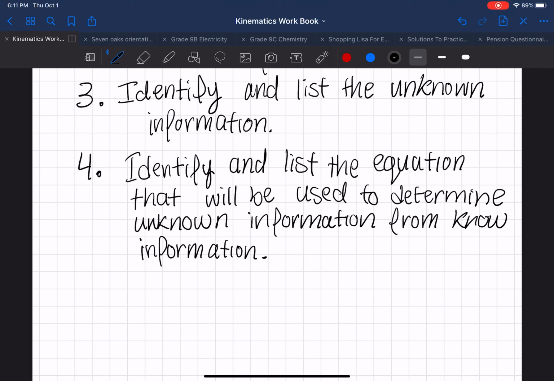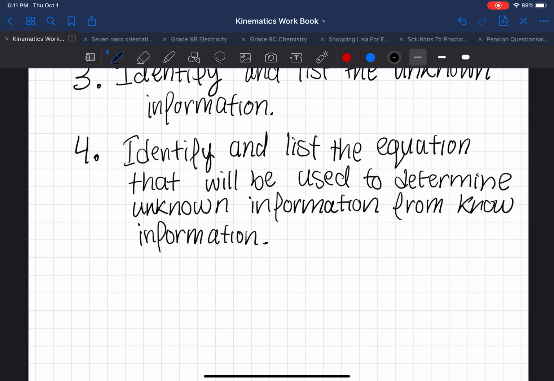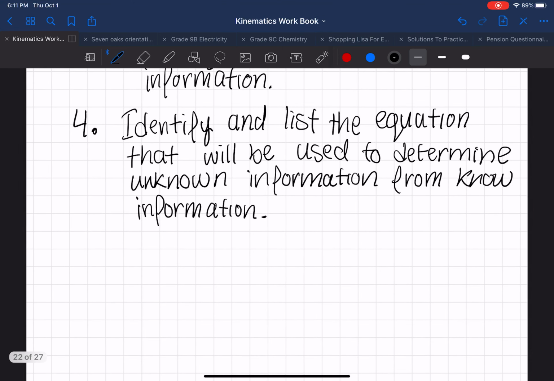That's a big one there. You want to list out the equation first, and then see if your unknown variables and known variables can actually fit into the formula that you chose to use.